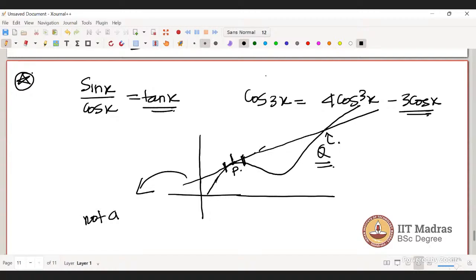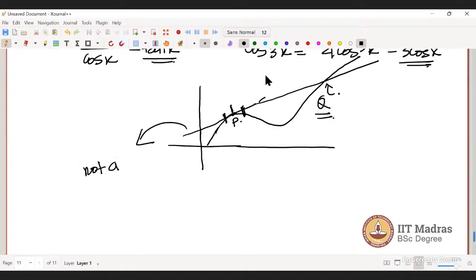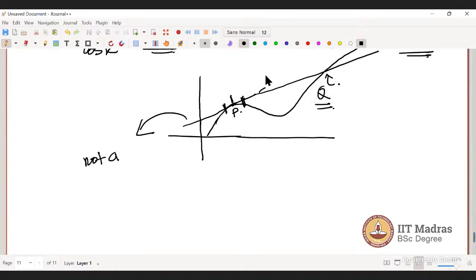Sir, a quick follow-up. If the function is strictly increasing or decreasing, that definition would hold, right? In that case, I think it will only touch at one point, no?